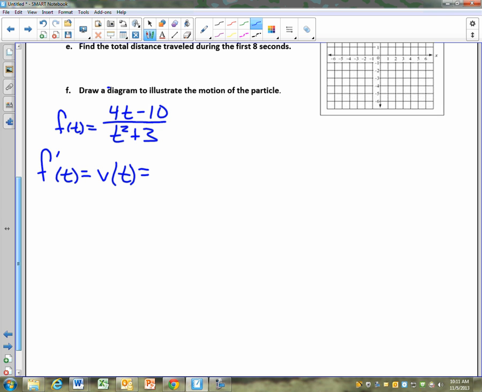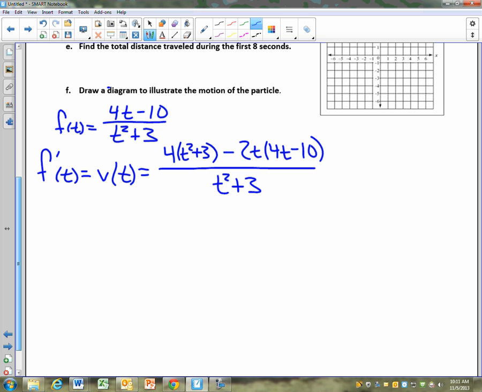Yes. So, yeah, the derivative of the top, which is 4, times t squared plus 3, and then we will minus, what is the derivative of the bottom? 2t times the top, 4t minus 10, all over the bottom squared.